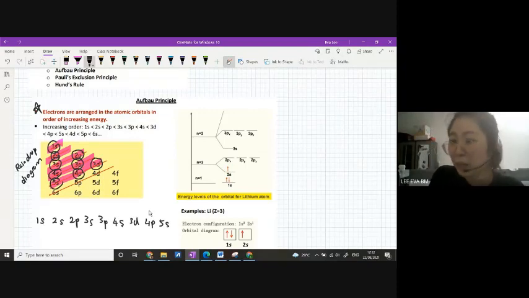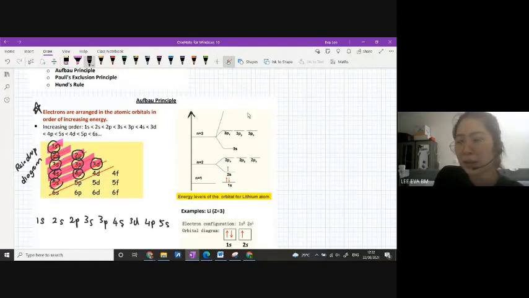Or if you want to memorize, you can, but just don't memorize wrongly, especially when it comes to 4s, 3d, this part, because it goes from 3 to 4 to 5, so you need to pay attention. So why do we say follow the increasing energy? Because all these orbitals can be represented using an energy level diagram.